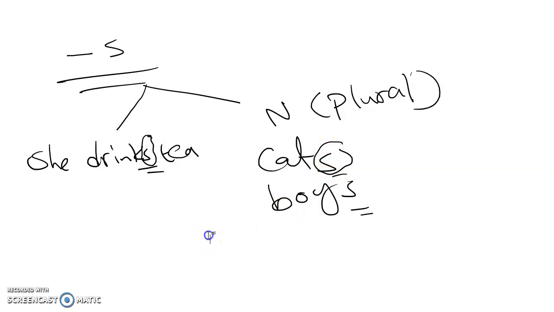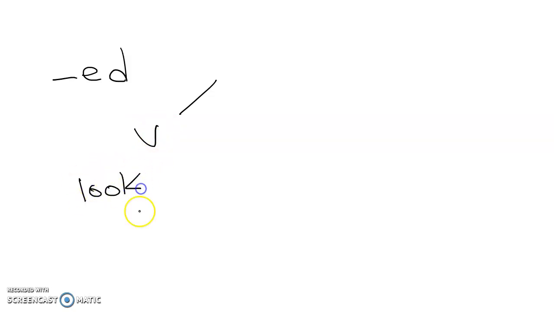Actually, we have so many examples for the homophony affixes. Like we have, for example, the -ed. This -ed could be added to verbs just to give the past tense. So, for example, I have look, looked. So this is the past tense.